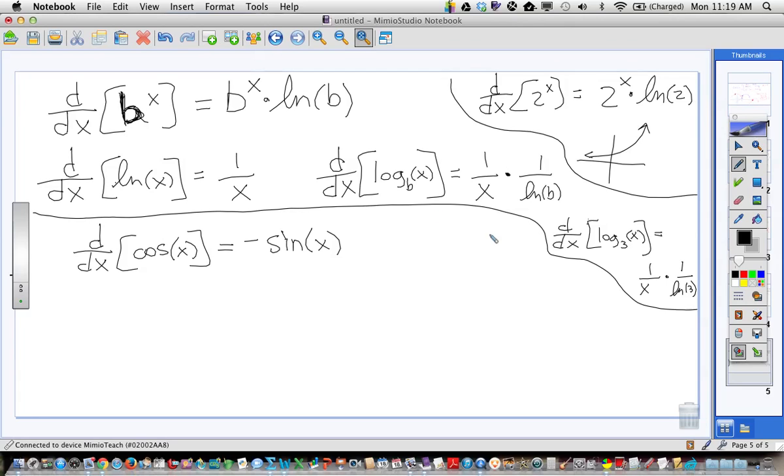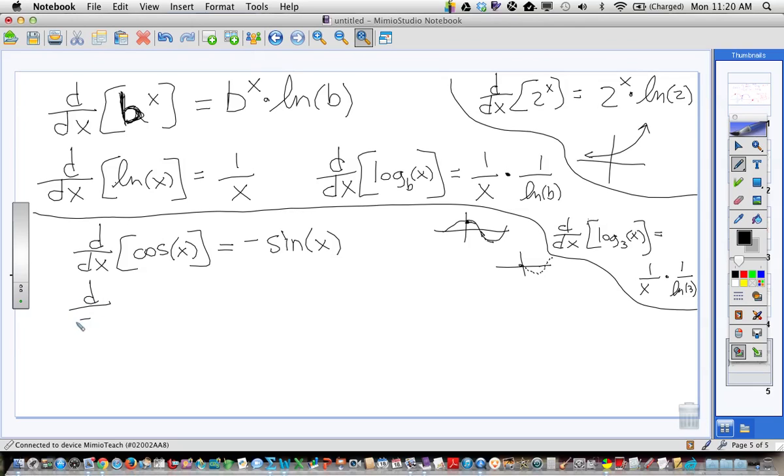Well, if you think about the slopes of cosine, what do the cosine slopes do? They start at 0 and go negative right away to -1, and then they get less negative. Well, if you plotted that, what do you get? Oh, you get negative sine. You get the sine graph flipped over.